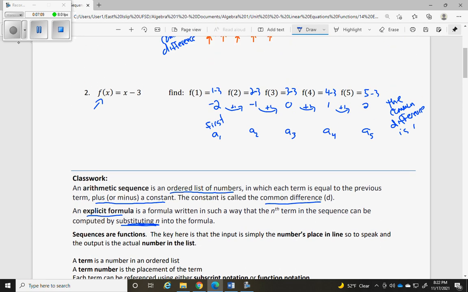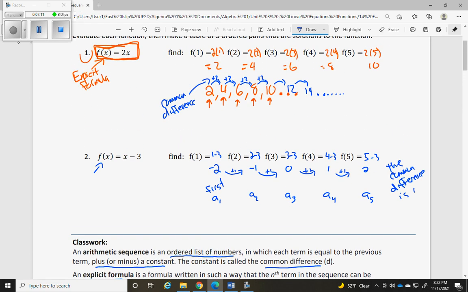Let's go look at this do now again for a second. When I called this the first number in the sequence, it's the first term. And this is the second term and the third term, and so on. And remember, those terms have special notation that goes with it.